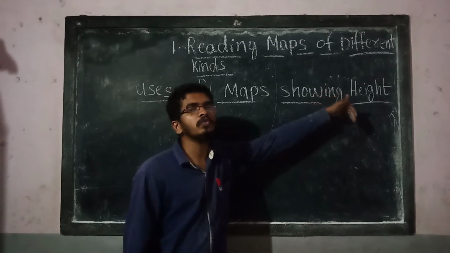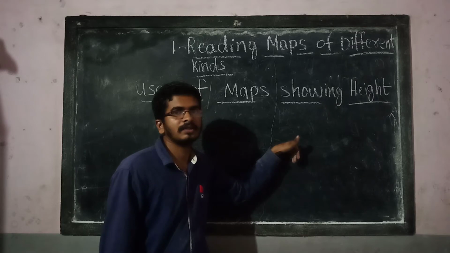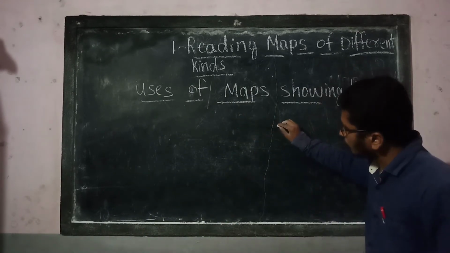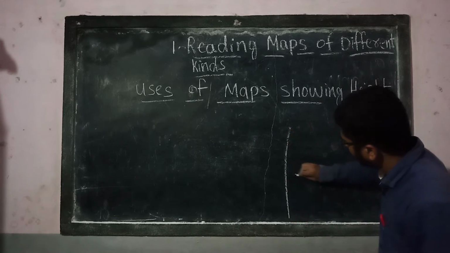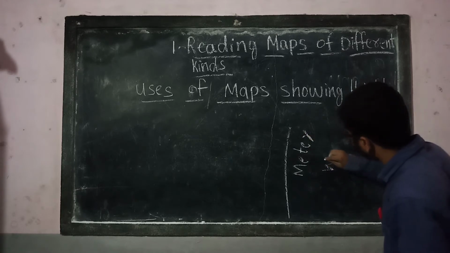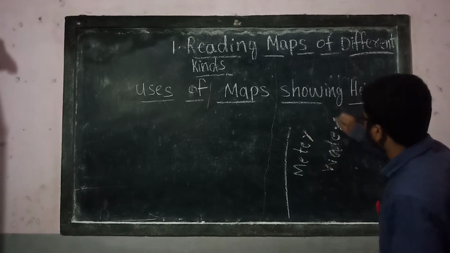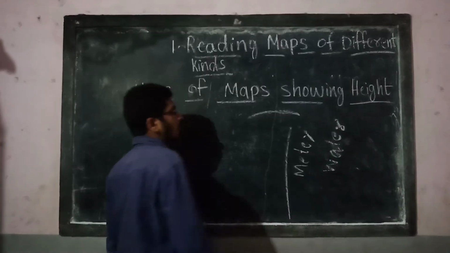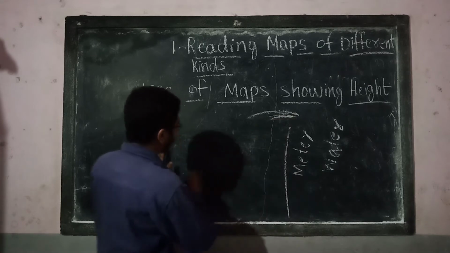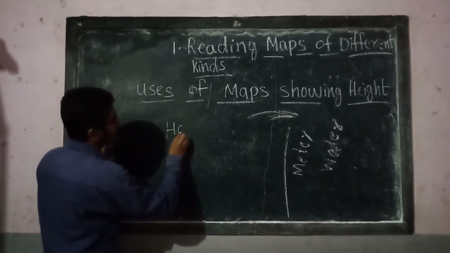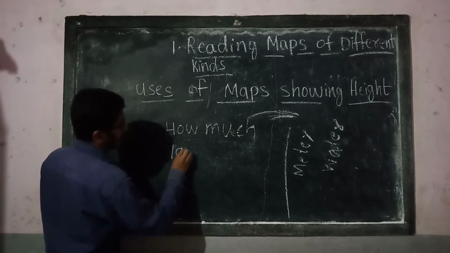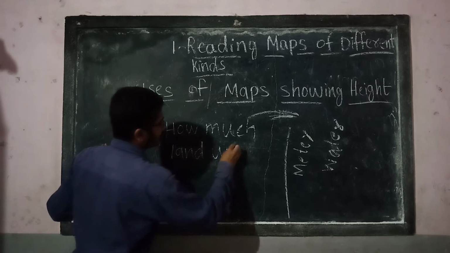Clear? And how much water we are going to release every day or month, whatever it is. So they have to plan how many meters they are constructing the dam and how much water it will flow, and they should also plan how much land will submerge.